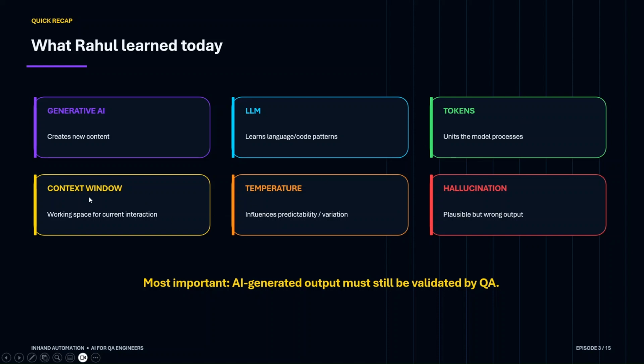Then we learned about the context window. The context window is the amount of information the model can work with in the current window. And then we learned about temperature. Temperature is one mechanism that can influence how predictable and varied the generated output is. And then we learned about hallucination.